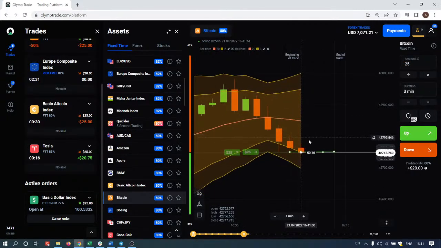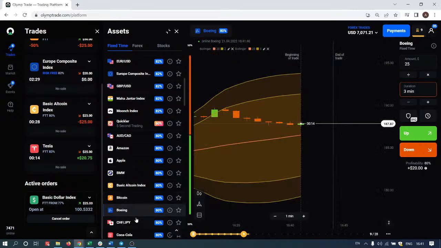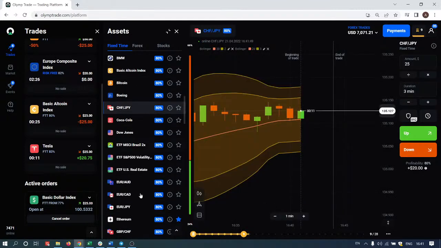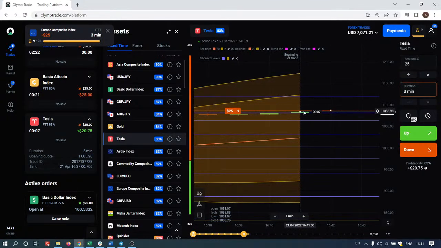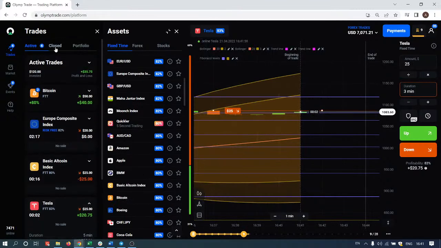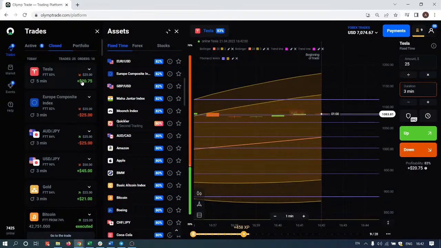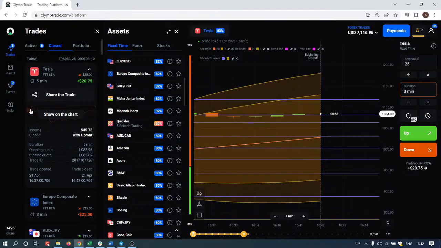And yes, let this be another trade on Bitcoin. And yeah, Tesla should be a win, I hope. So 183. Yes, Tesla is a win here.